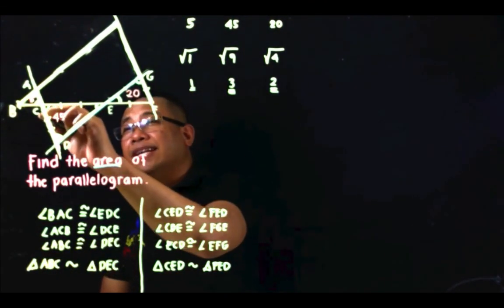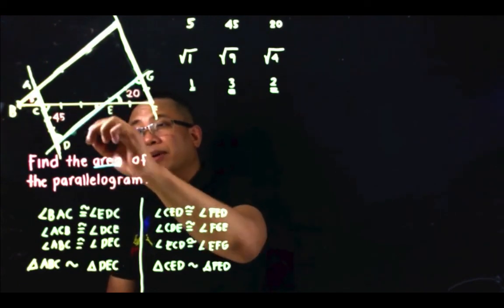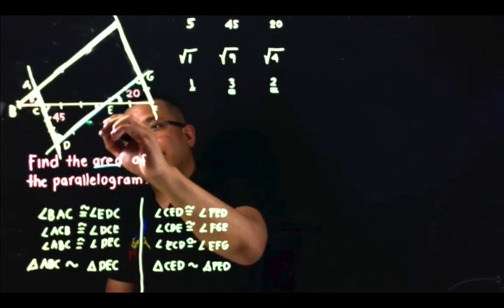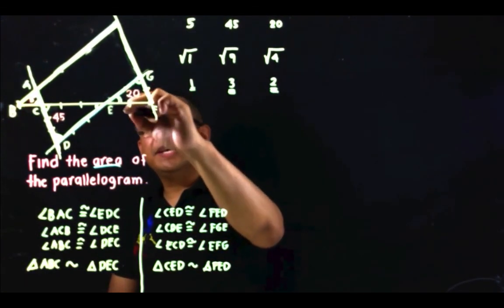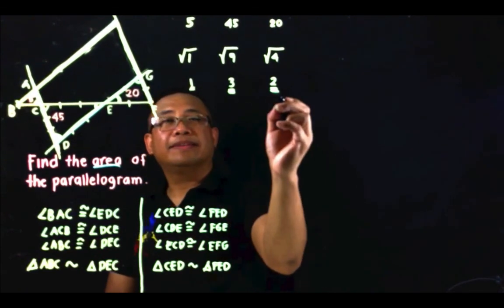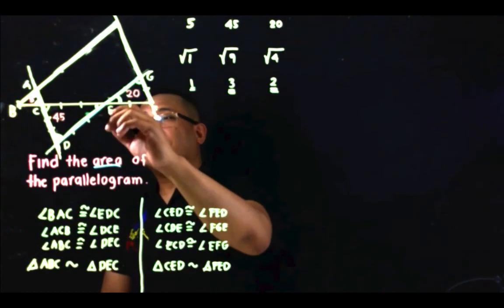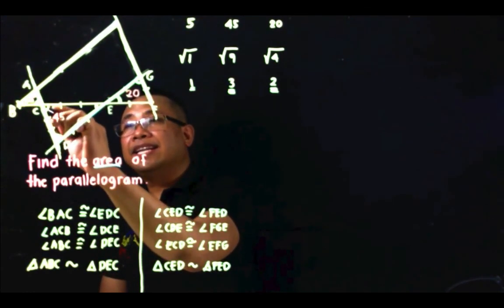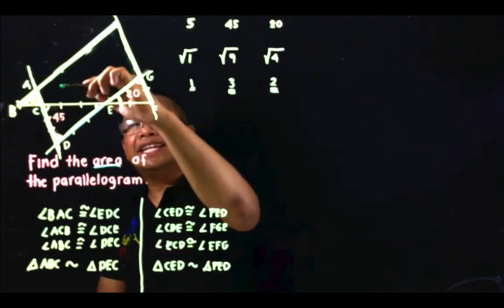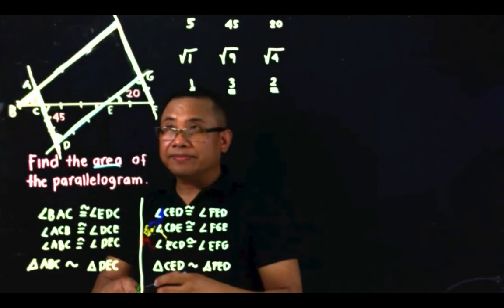Now, if this side is 1 unit, then for this biggest triangle this must be 3 units. And for the remaining triangle, this side here must be 2 units. What this will enable us to do is form smaller triangles similar in area as this that can tessellate our parallelogram. So let's do that now.